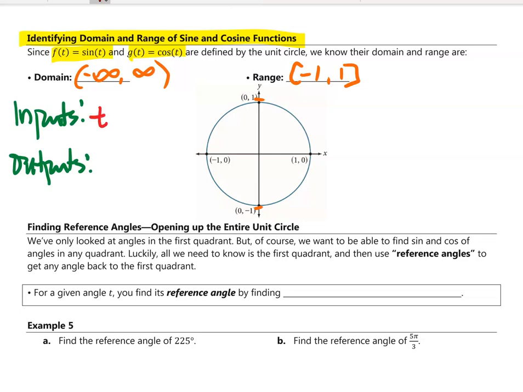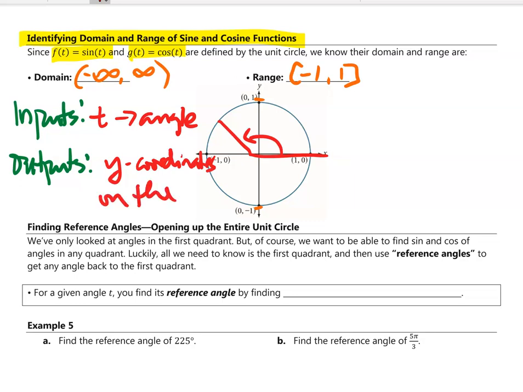Inputs, that is the t, which is the angle, just like, for example, this angle here. So those are the inputs, and the outputs are the coordinates that are on the unit circle.